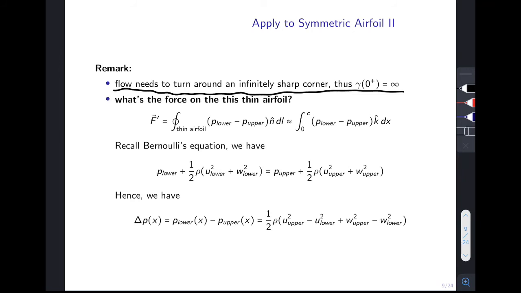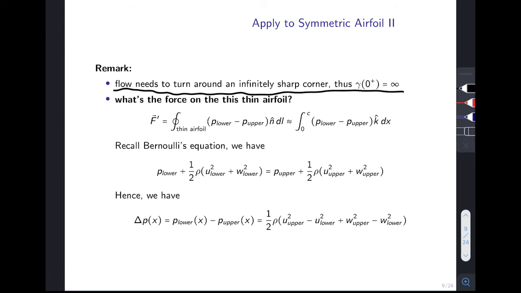On this thin airfoil, there's only going to be pressure because it's a potential flow solution, so there will be no shear stress, only pressure. And since it's only pressure and it's a thin airfoil, everything can be simplified a lot, because remember that we also assume small camber slope and small angle of attack.